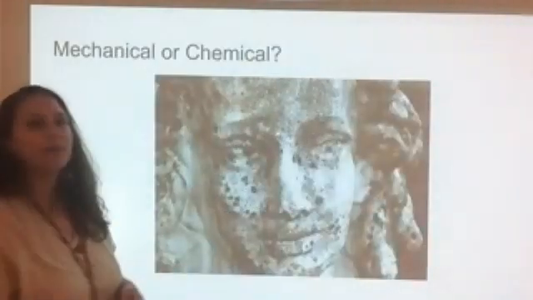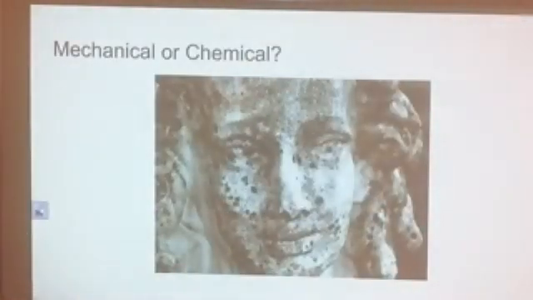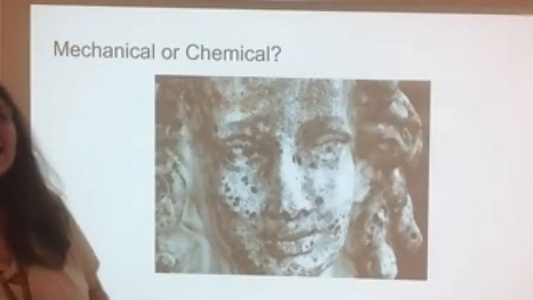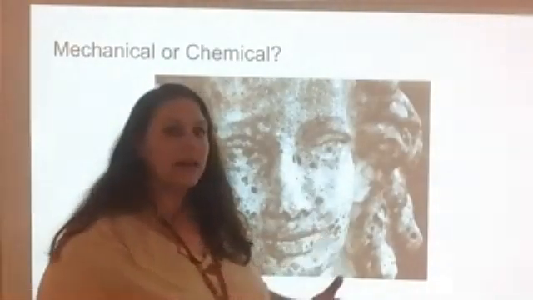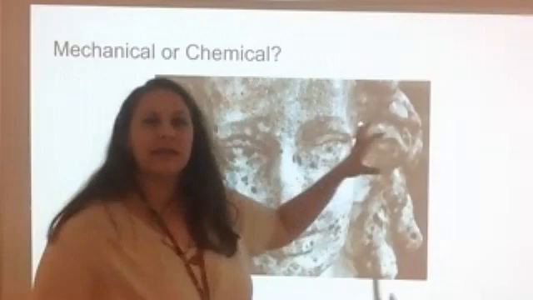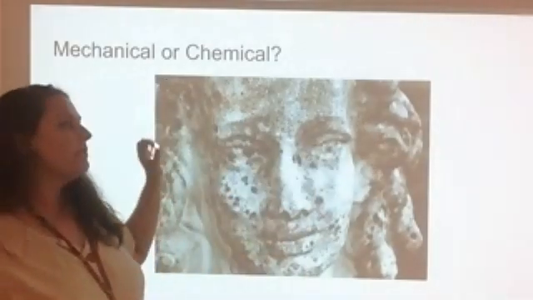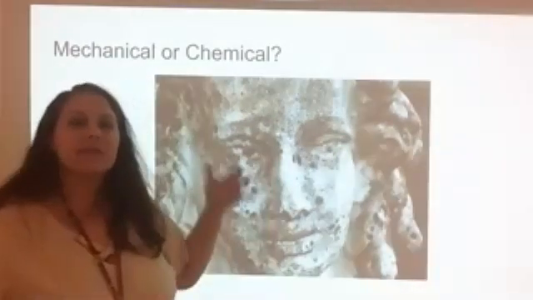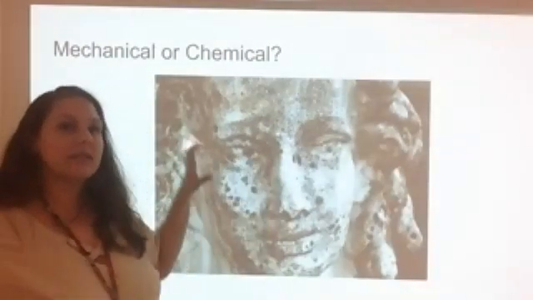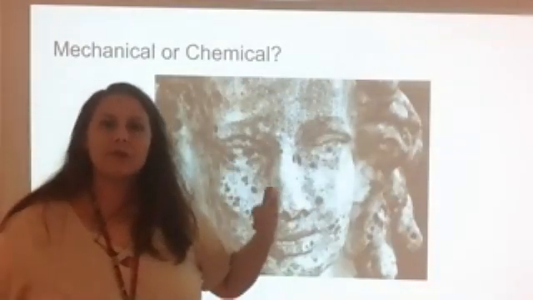There we go. What about our statue face? It's chemical. Now, some people think it's mechanical because they think of like the wind and the abrasion, but this is primarily chemical because of the types of stone that statues are made out of, limestone, marble, things like that.